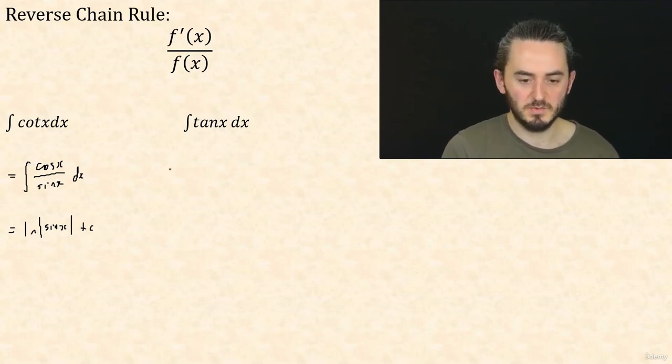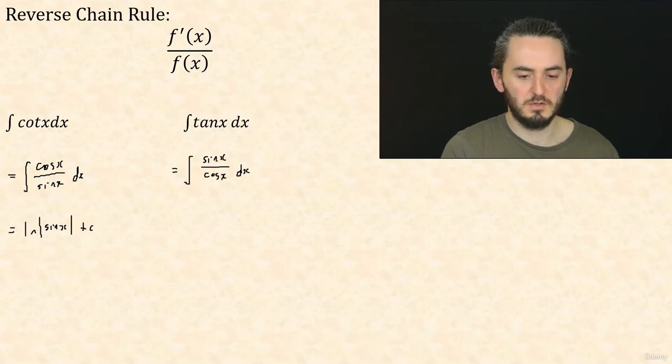What about tan x? Well, tan x is sine x over cos x. Now, that's not quite in the form we want because sine x is not the derivative of cos x, minus sine is. So what does that mean? It means that my answer is just going to be minus ln cos x plus c.